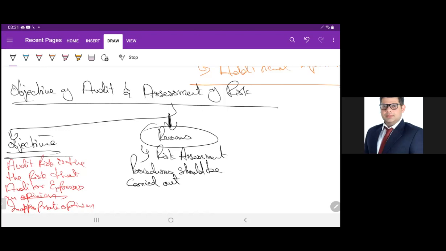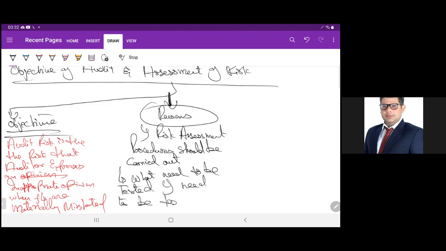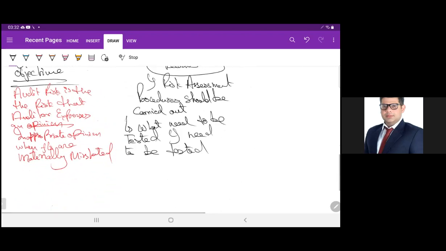That needs further guidance on what needs to be tested and why it needs to be tested. So this is the reason why the auditor does the assessment of risk. So far, so good. I hope you got it till here, right?